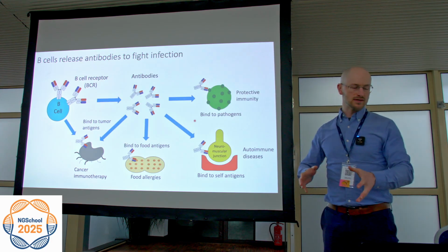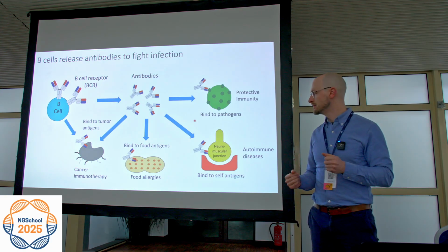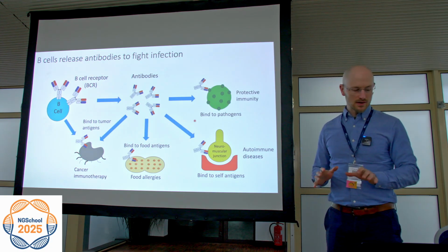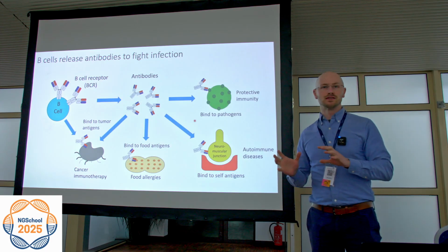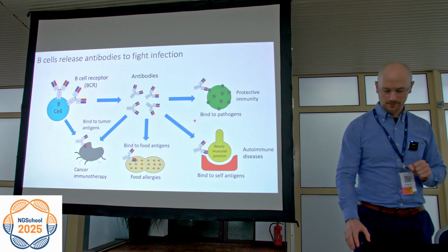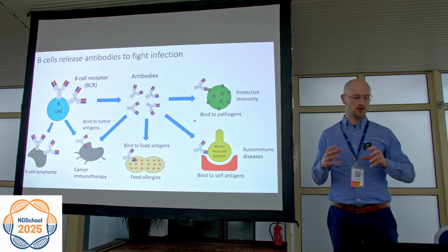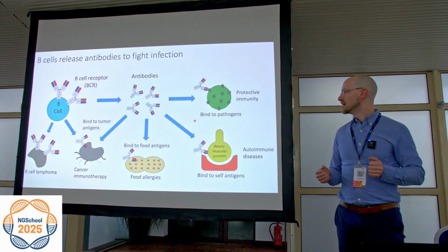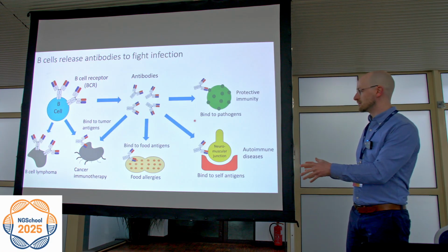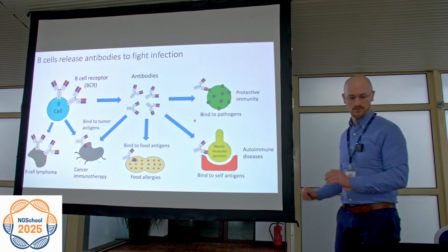Some B cells can bind to tumor antigens and provide anti-tumor immunity. However, there are some studies that suggest that B cells can sometimes play an almost pro-tumor role in cancer responses. And B cells themselves can become cancerous by turning into B cell lymphomas. So B cells are a source of great power within the immune system, both for good and for bad.